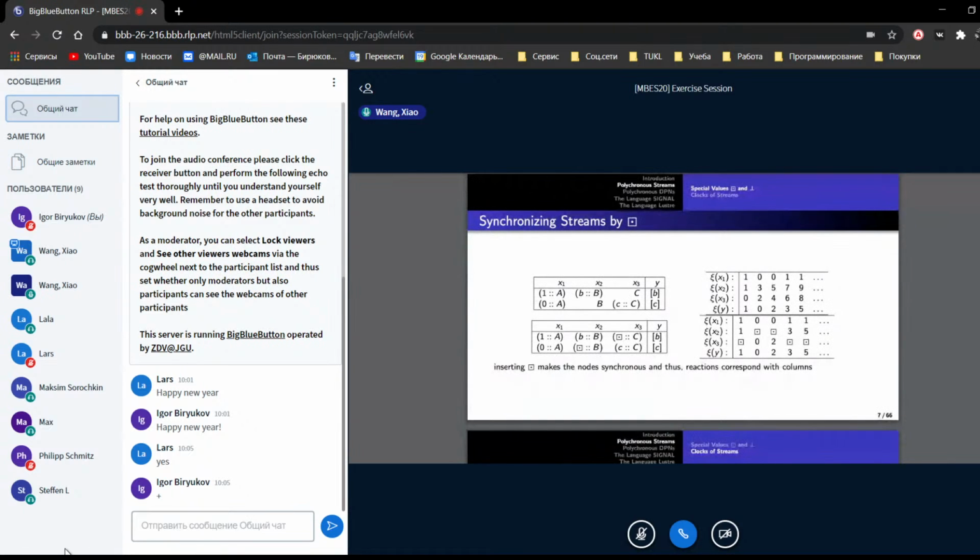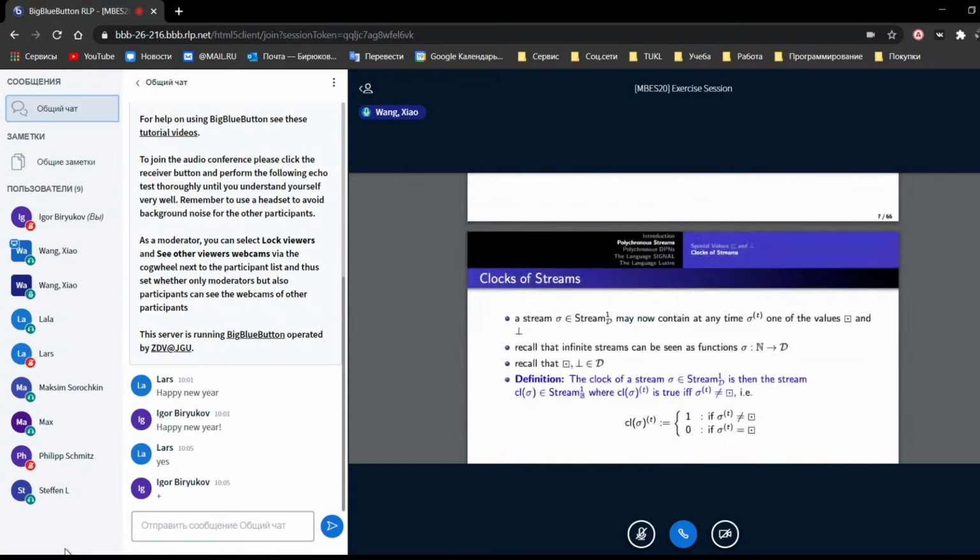As you already know, we have this box value, which on the synchronous level means that there is no value, but at the asynchronous level, it doesn't exist. I don't need to repeat the synchronous part, because you can watch the lecture videos.